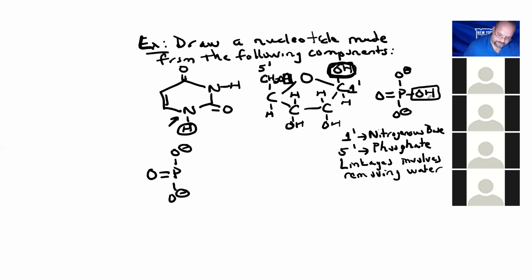The phosphorus is going to be connected to the oxygen on carbon 5 prime, to give you what is known as a phosphate ester. P double bond O, O, C, phosphate ester.